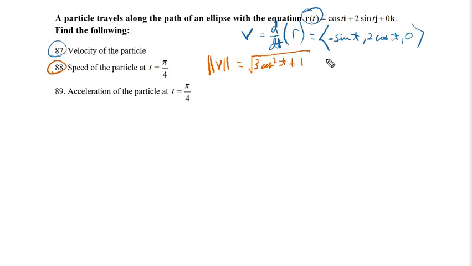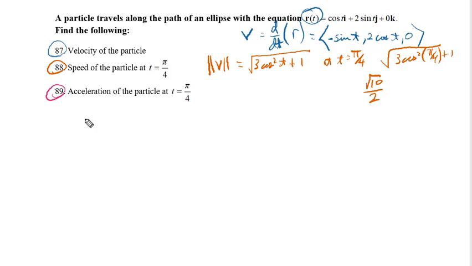And so at t equals pi over 4, this would obviously be the square root of 3 cosine squared pi over 4 plus 1. We can do that on our calculator. That simplifies to the square root of 10 over 2.